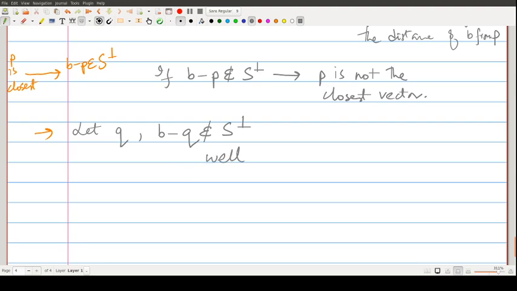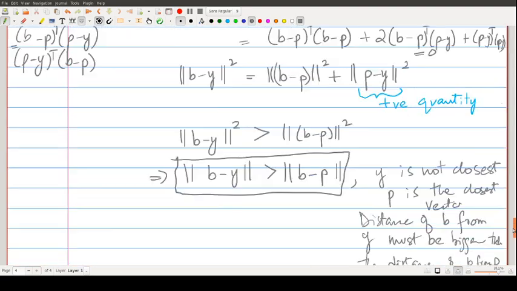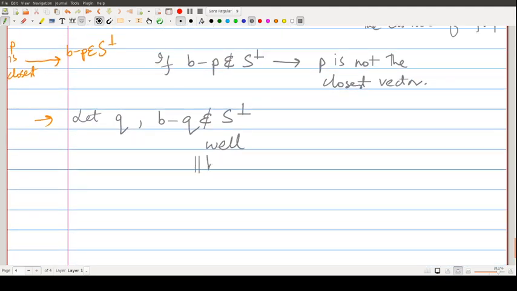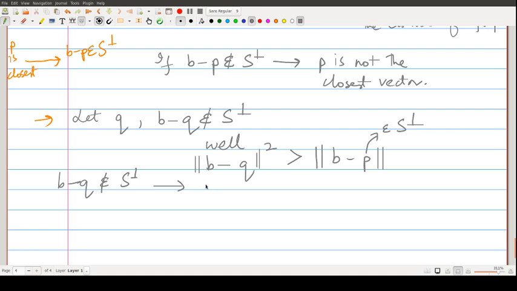Well, we've already seen that we can prove this immediately, because of the same argument we did before: we find the distance of b minus q squared and apply the Pythagorean law, and I can immediately show that it's going to be bigger than the norm of b minus p for this p which is in the orthogonal complement. So that means that if b minus q is not in the orthogonal complement, that automatically means that q is not the closest vector.